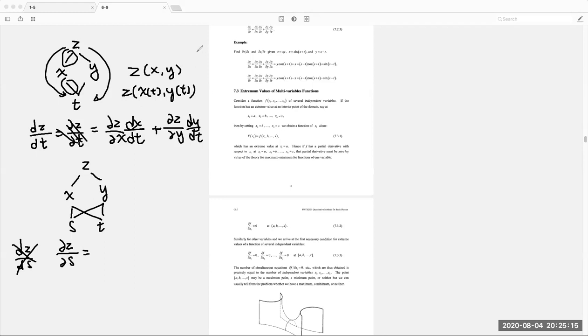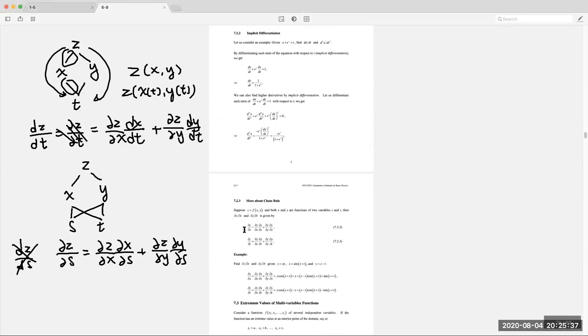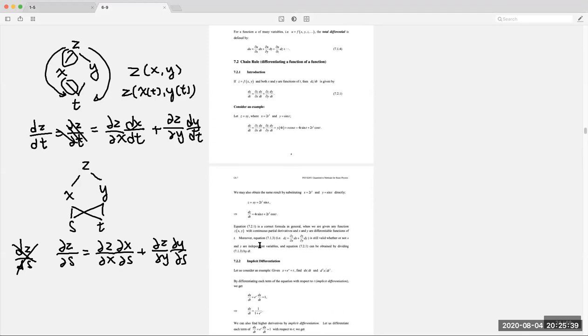So you have two routes to go. It's partial z over partial x times partial x over partial s, like this one, okay? Easy. So that is what it means here already.